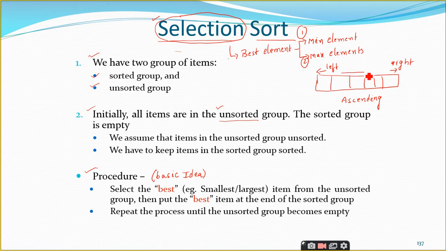So, when you go from left to right, you are going from minimum to maximum. When you are given a list of elements and you select the minimum element, the minimum element should be to the left of the array. So, you have to throw the element. For example, if you find the minimum element at this location, you will throw this element to the left part.